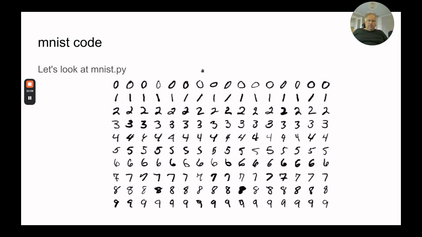This is a nice data sample that you'll actually work with in recitation. And then we're going to nose down into this code so we can see PyTorch at work over an MLP, a multi-layer perceptron.